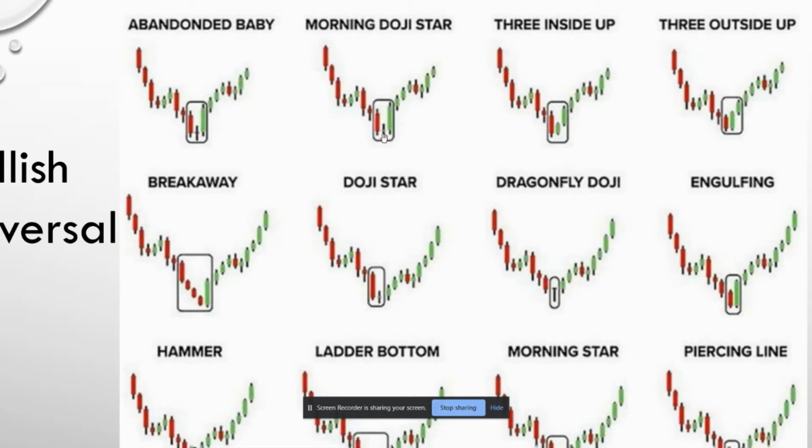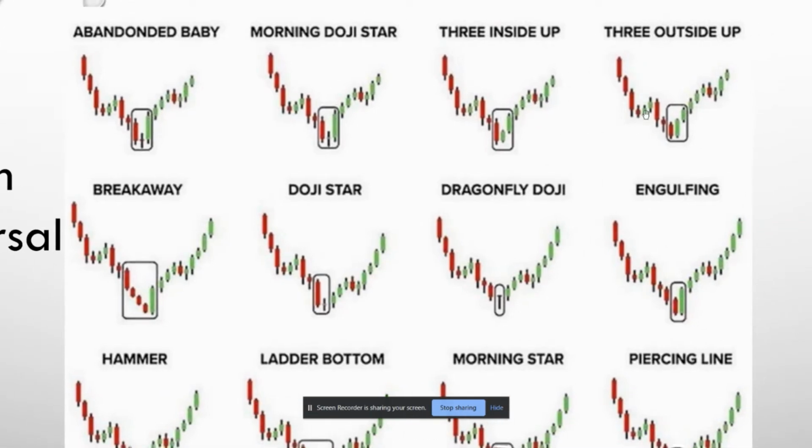So this is a bullish doji candle, and this is a bearish doji candle. Once you see this, you can go in for your buy as well. Also, we have the three inside up. After a bearish candle, the next candle opens and closes bullish. The next candle after that closes bullish as well, then that is confirmed for a buy.